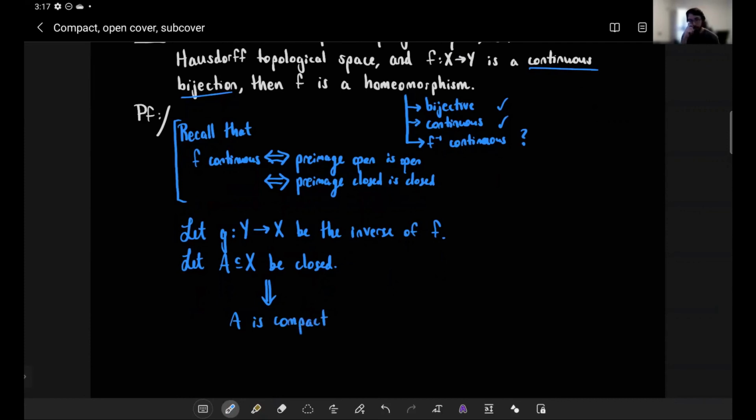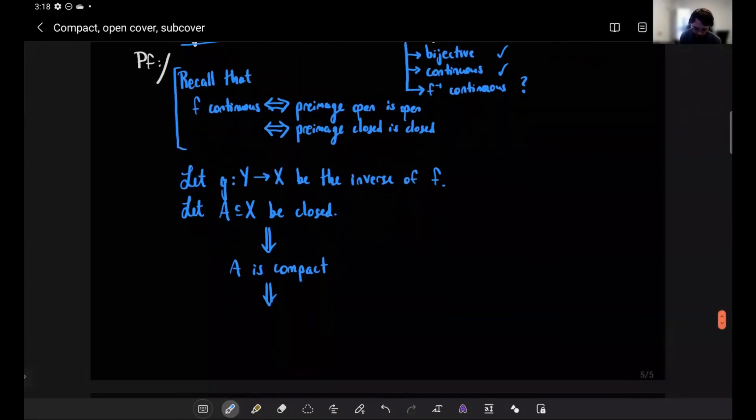Closed subset of a compact space is compact. But what else do I know? I know that the continuous image of a compact set is compact, right? So I could say, well, A is existing in X, and I could think to myself, well, f is a continuous function, so that means f of A, the image of A, has to be compact.